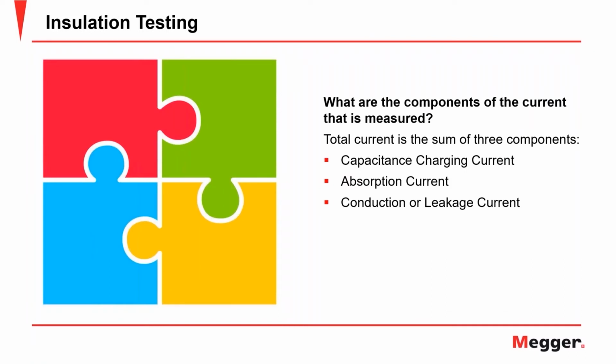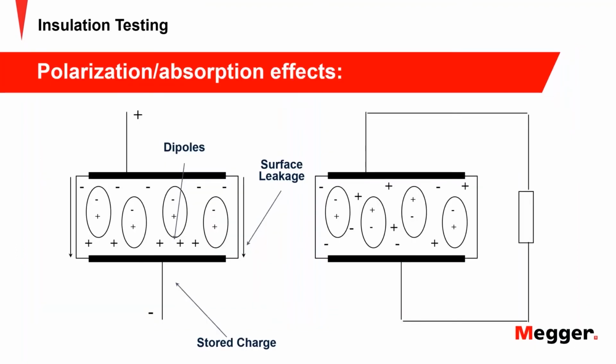Now we're going to look at the currents. When you apply your insulation tester, 3 currents are going to flow: capacitance, absorption, and conduction or leakage. And the tester is going to see them all, and it's going to base your measurement on all 3 currents. Just keep in mind, insulating material tends to be polar.